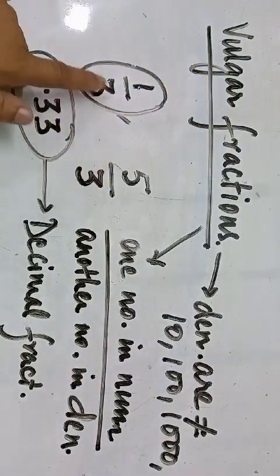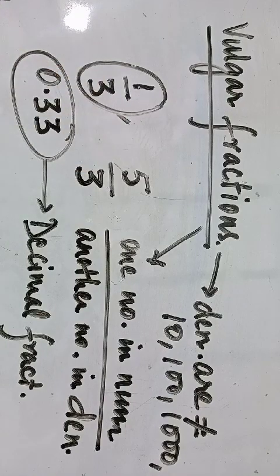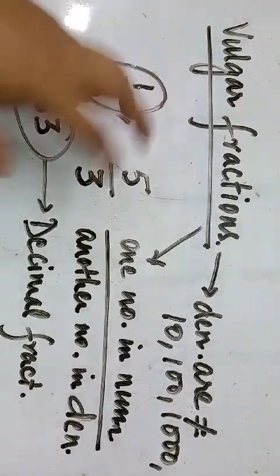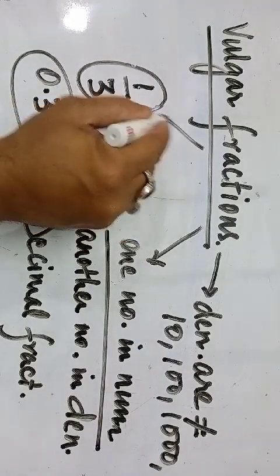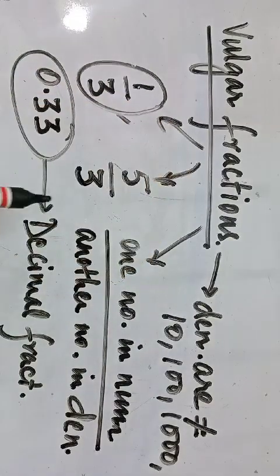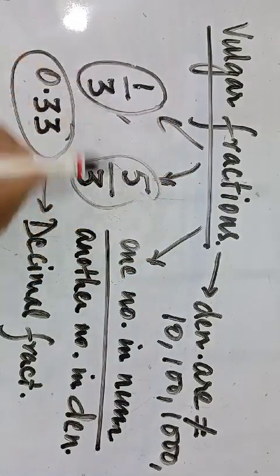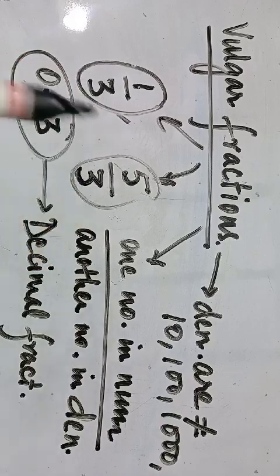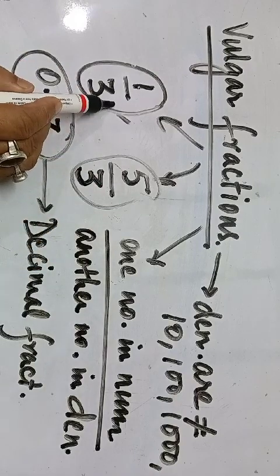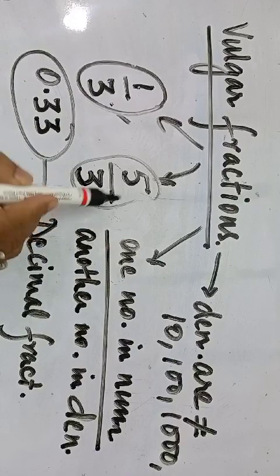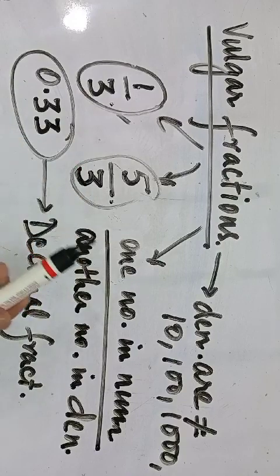They can in general be categorized as vulgar fractions. But if you want to separate these two more specifically, then you will say that this is a proper fraction and this is an improper fraction, which can be further expressed as a mixed fraction, which I just showed you. So these are vulgar fractions.